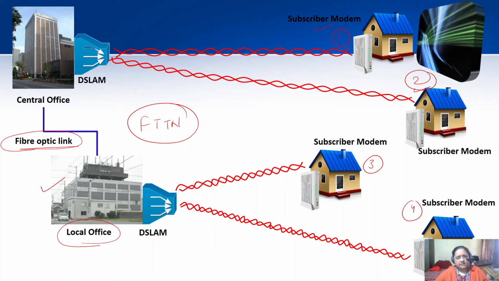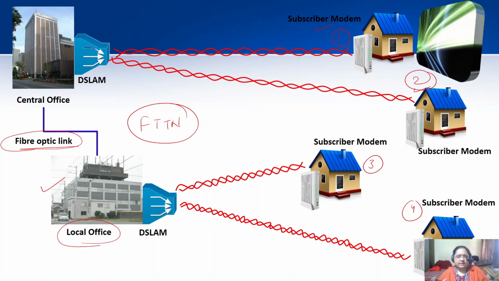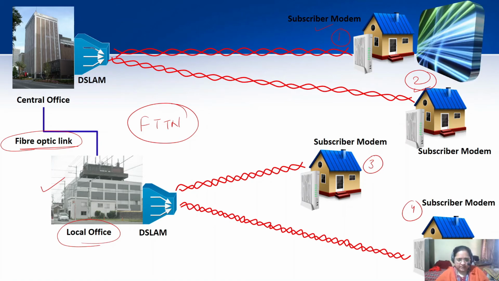Hence, by using a combination of fiber optic links and twisted pair cables or coaxial cables, a considerably high speed connection could be achieved.